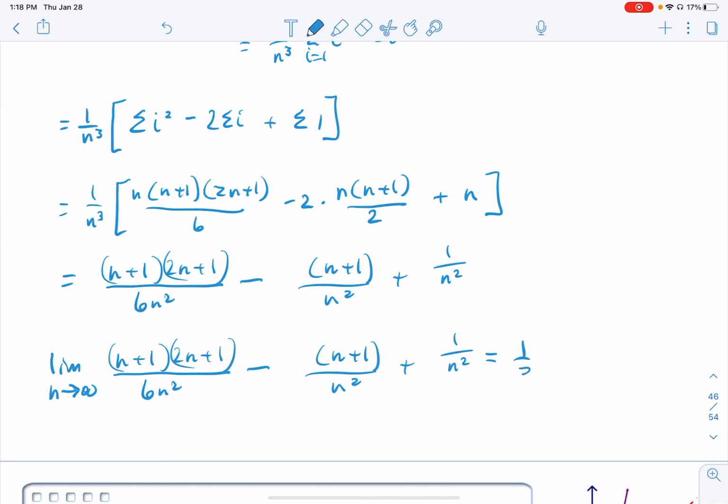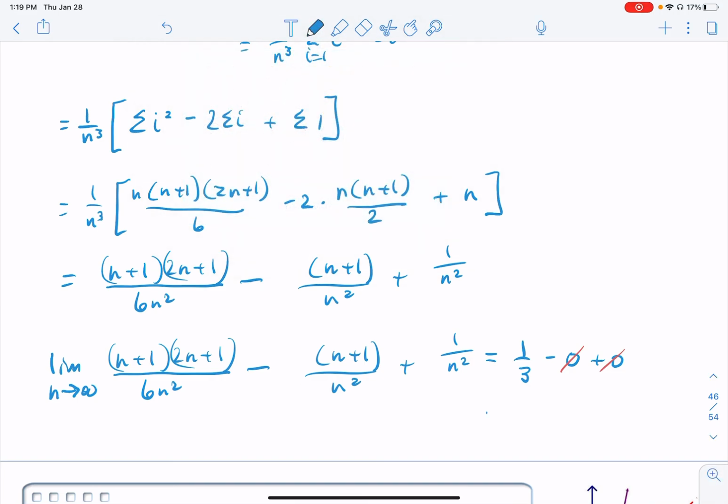Okay, but we still have these other things that we have to subtract and add from it. If I take the limit as n goes to infinity of this, n plus 1 over n squared, what do you get there? 0. Why is that? Because this is n and this is n squared. This is increasing faster than the top. That's going to go to 0. Likewise, this one over here is also going to go to 0. And we can obviously see the zeros cancel out, right? A negative 0 and a positive 0, they cancel out.